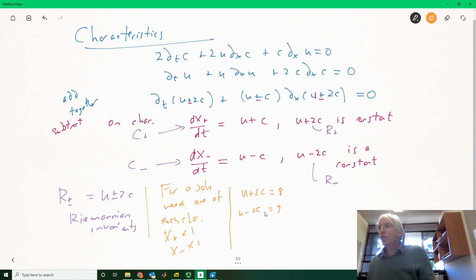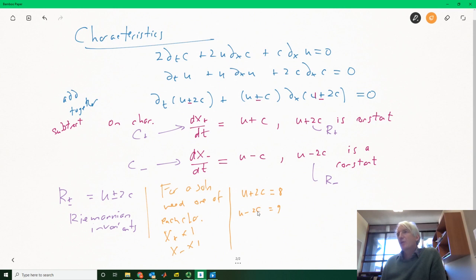That's really a helpful way to think about how the system of equations is going to work. We know these are constant, so we trace them back and find their value. They started out with a value of 8, so it must be true they're always equal to 8. We trace these back, they had a value of 9, and then we can solve the system of equations. You get u equal to what? If I add them together, I get 2u, so u is 8.5, right?